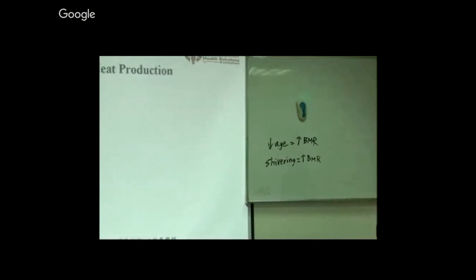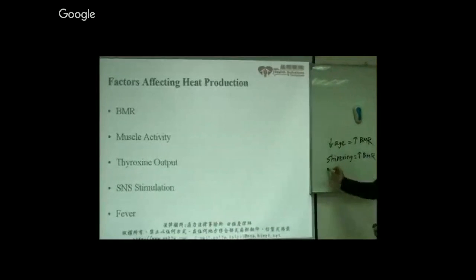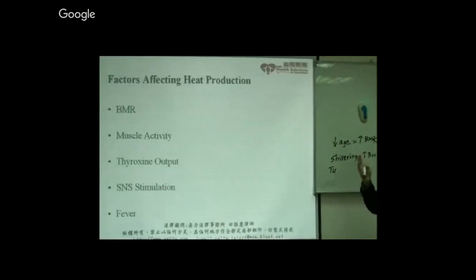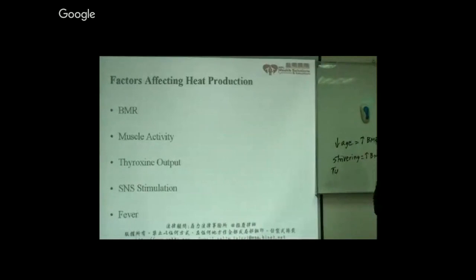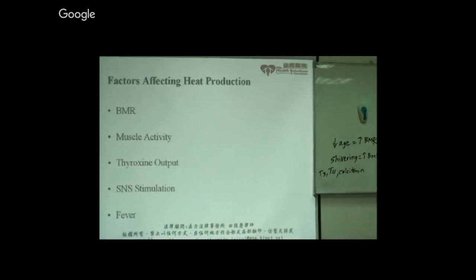Next will be thyroxine output. What is thyroxine? T4. The hormones secreted by the thyroid gland are T3, T4, and calcitonin. These are the three hormones secreted by the thyroid gland.